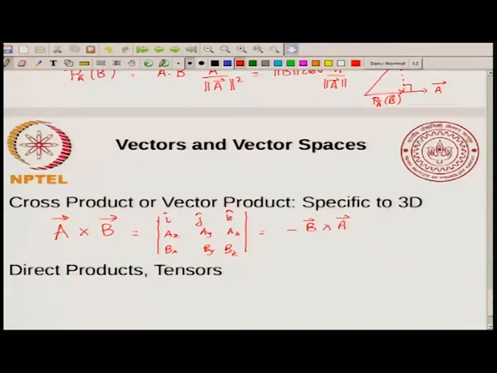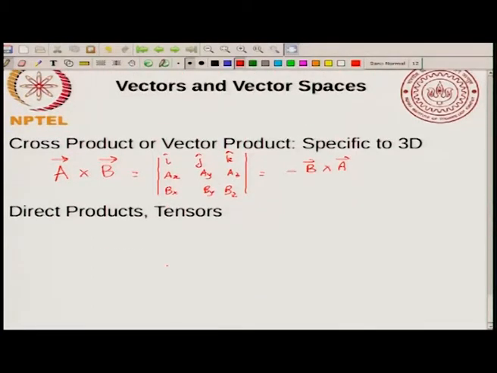Now this is a vector, so A cross B is also called a vector product. This is very specific to 3 dimensions. You need to be able to write this in an antisymmetric form. So, this particular definition is specific to 3 dimensions, and in general cross products are defined for odd dimensions. But the usual cross product that we are used to seeing is defined for 3 dimensions.